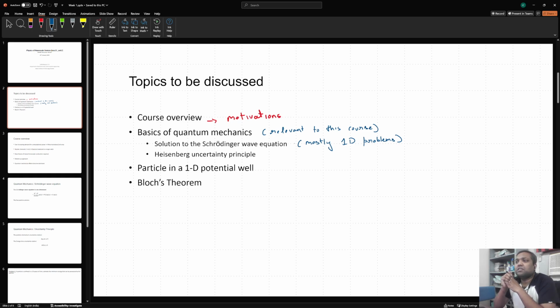After looking at these two concepts, we shall be moving on to the particle in a 1D well. This will be an immediate application of the Schrodinger equation that we shall be discussing today. We shall be looking at the solutions and thereby going through some relevant concepts in quantum mechanics.